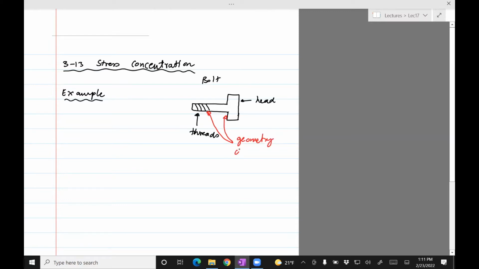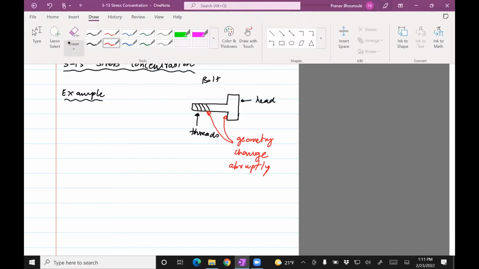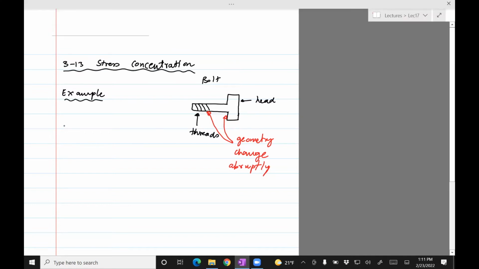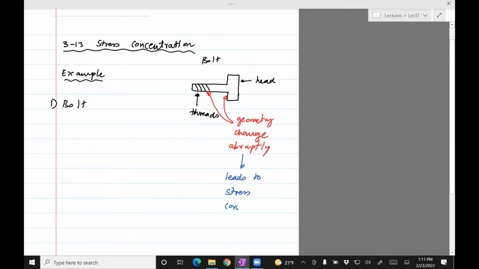Geometry changes abruptly. So this thing leads to stress concentration.